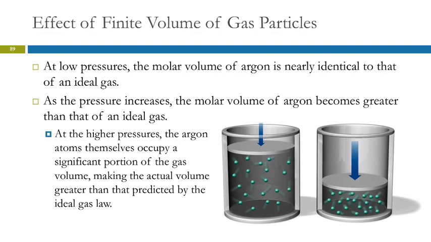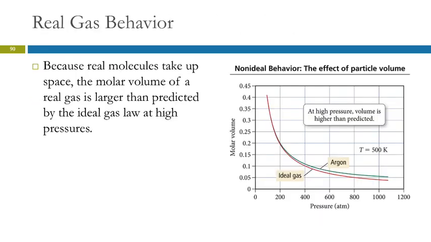In a huge volume where there's lots of empty space, the size of the people doesn't matter. The size of the gas particles matters when things start to get crowded. And so because the real gases do have volume of their particles, then they begin to deviate from ideal behavior.